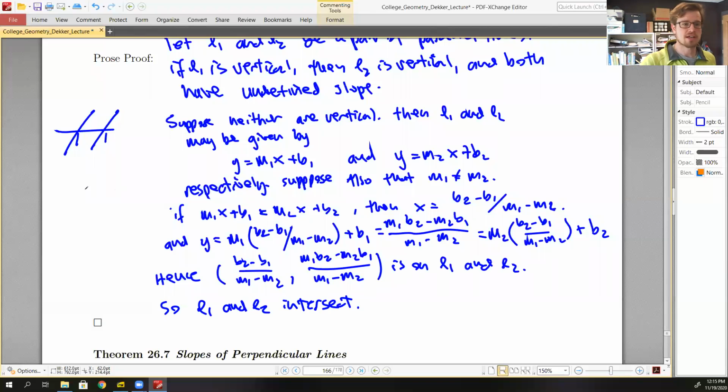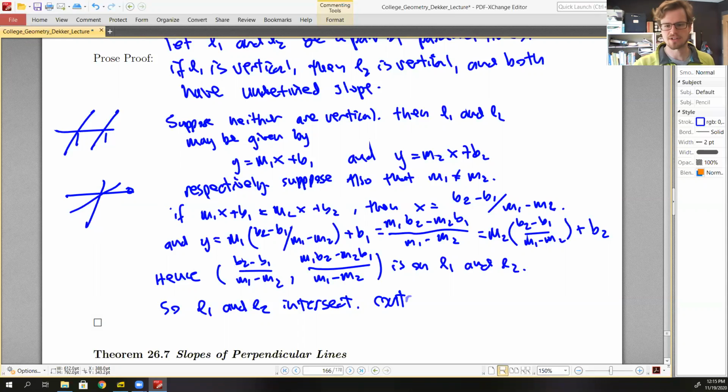What I'm saying here is, if the slopes aren't the same, then of course they're going to intersect somewhere. And what we've done is we've set these two things equal to one another. So when we choose a particular y value, we're finding that there is a particular x value that gives that y value for both equations, but it's the same x value for both equations, which means that it's the same point on both lines, which means they intersect.